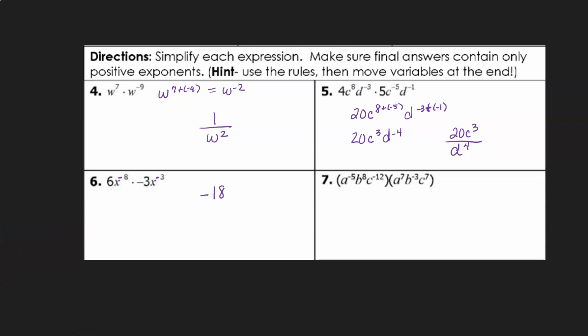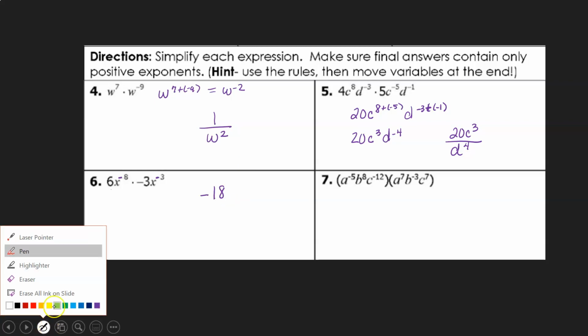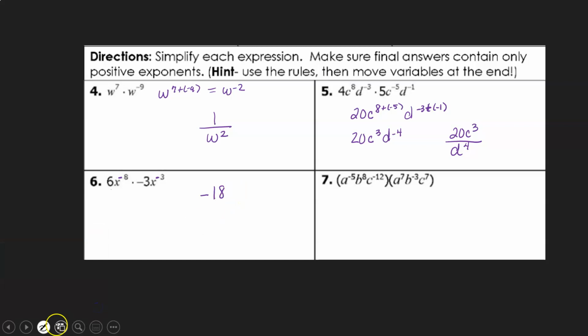Okay, so I have negative 18 x to the negative 8 plus negative 3, which gives me negative 18 x to the negative 11. So the negative 18 stays in the numerator, x to the positive 11 goes to the denominator. Sorry about that. I got to check the signs here.